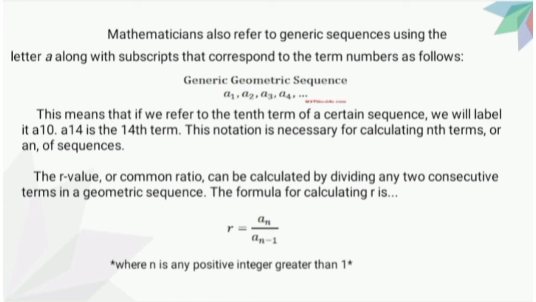The r value or common ratio can be calculated by dividing any two consecutive terms in a geometric sequence. The formula for calculating r is r equals an over an minus 1, where n is any positive integer greater than 1.